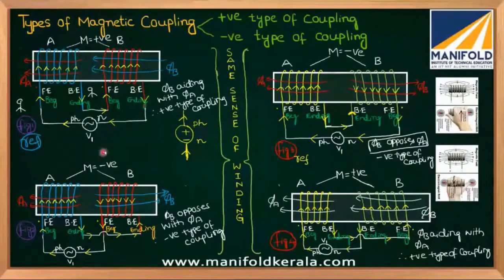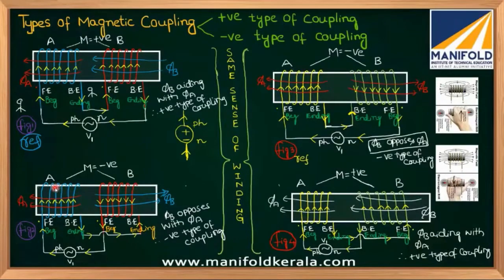Entering. That means in figure number 1 and figure number 4, in both these figures, current is entering at the dot in both the coils. In this example, suppose current leaves the dot in both the coils also, it is a positive type of coupling only.